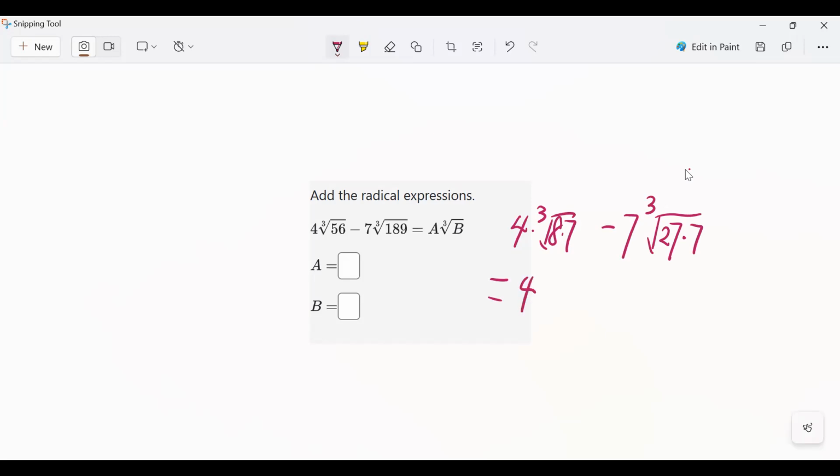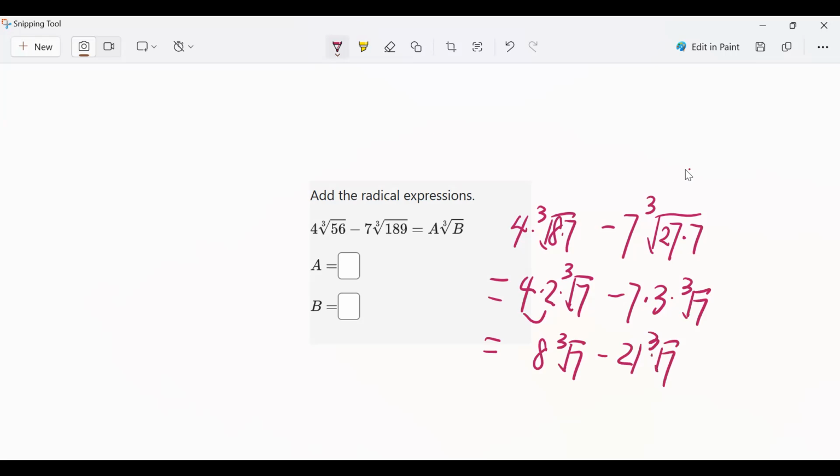Now 4 times the cube root of 8 becomes 2, and then the cube root of 7. Next, the cube root of 27 is 3, and then the cube root of 7. Now we get 4 times 2 is 8 cube root of 7, minus 21 cube root of 7.